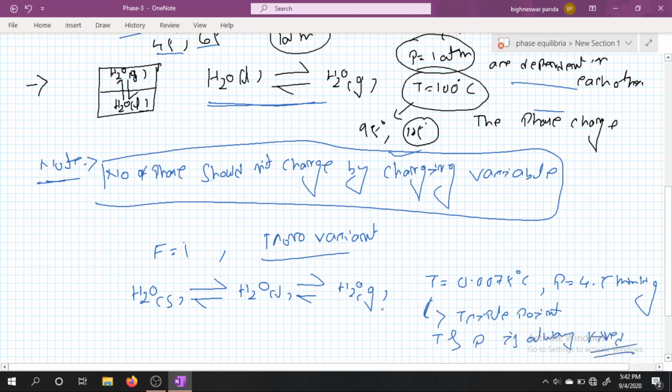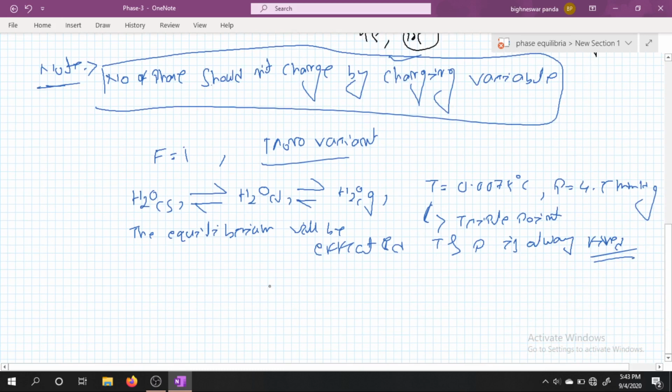That means if I change any temperature or pressure, the equilibrium will be affected. So for this equilibrium condition, degree of freedom is equal to 0, which is generally called non-variant or invariant.